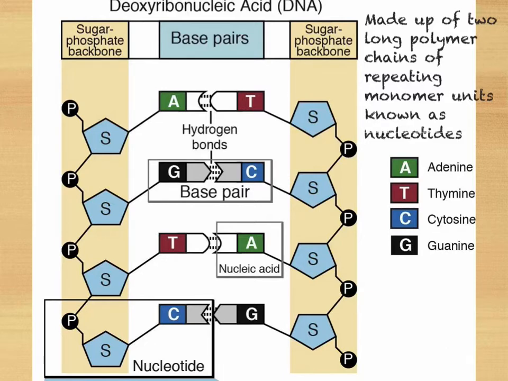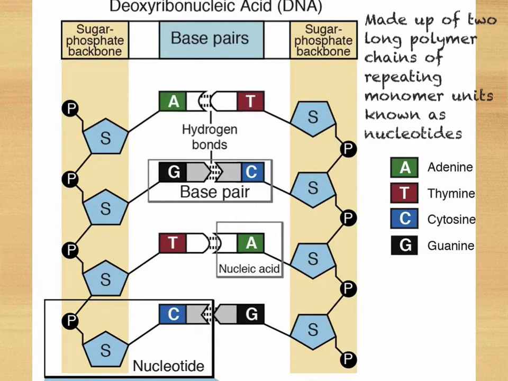In the nucleotide, we have a phosphate and a sugar, making our sugar phosphate backbone, and we have our nitrogenous base. The base can be one of four options. These are adenine, A, thymine, T, cytosine, C, and guanine, G. For GCSE chemistry, you only need to know these by their initials.